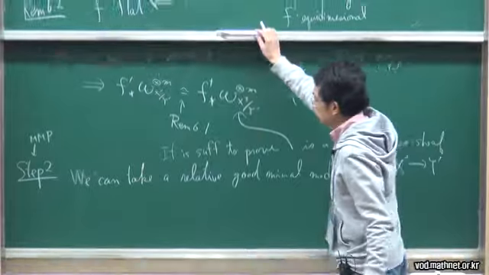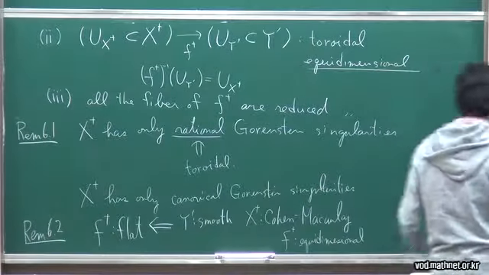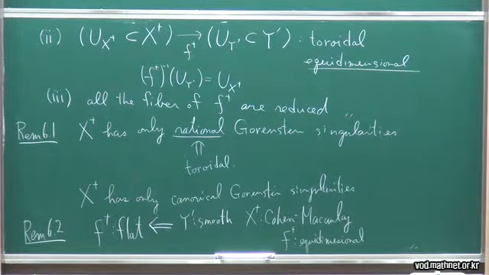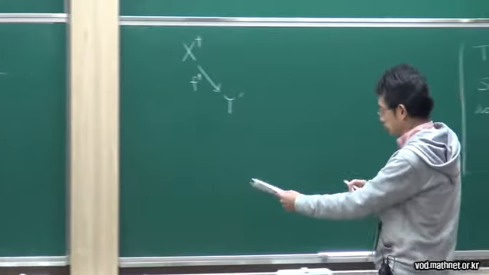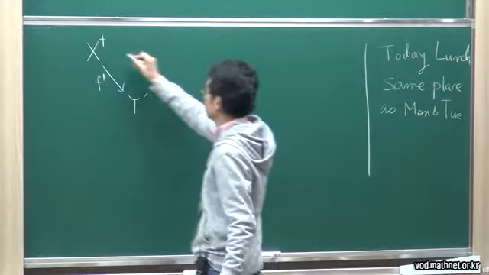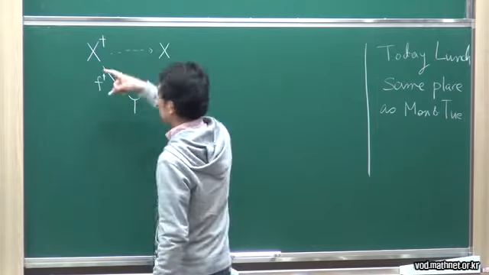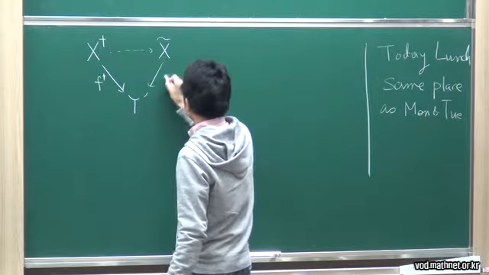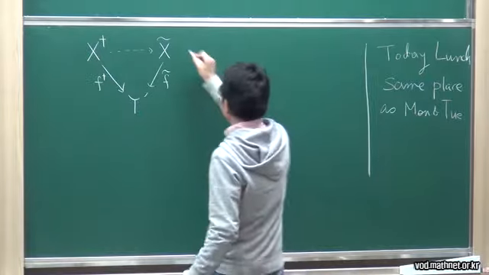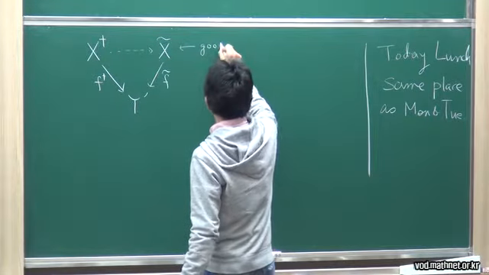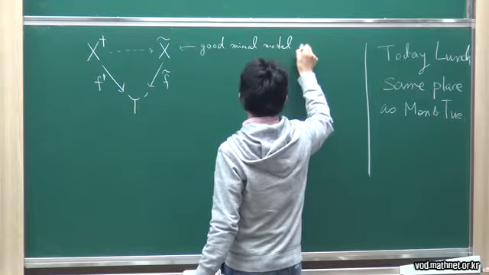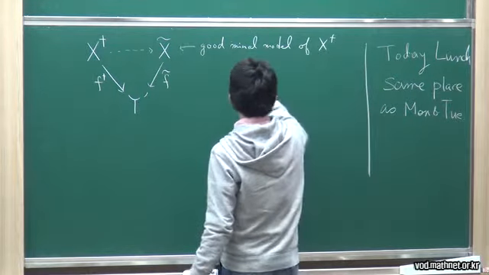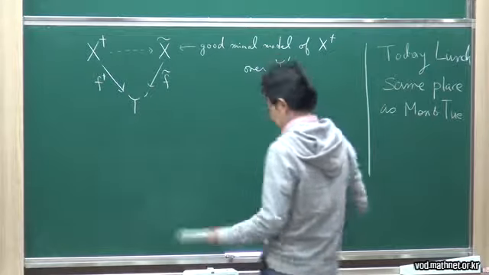So this means we can construct the following diagram: X dagger to Y prime. This is the weakly semistable morphism constructed before, and we obtain a commutative diagram like this with f tilde, and this is a good minimal model of X dagger over Y prime.